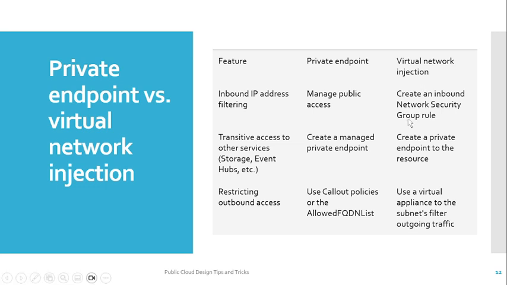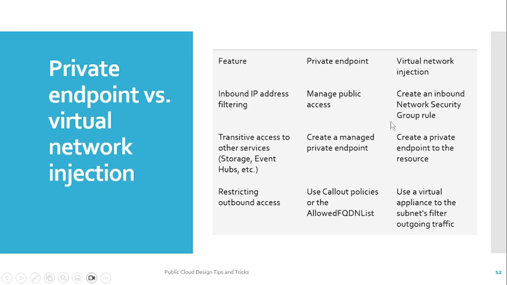And with virtual network injection, you have to create a private endpoint to your particular resource where you want to establish the connection from your Data Explorer. And the most important part, the outbound part: you can use callout policies where you can define which FQDNs you want to reach from your Azure Data Explorer, and that can be policy-based, where you can define the allowed FQDN list that can be reachable.